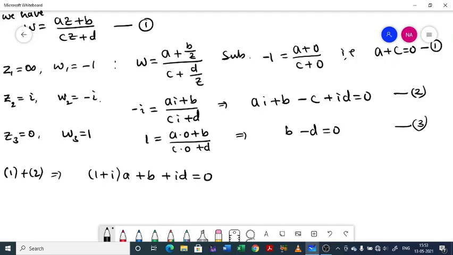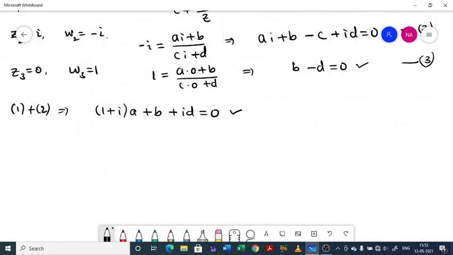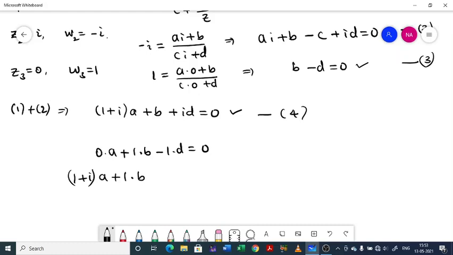So here we have an equation that involves a, b, d, and here we have an equation that involves b and d. So from these two we can use the cross multiplication rule. Call this equation 4. So from equation 3, we have 0 into a plus 1 into b minus 1 into d equal to 0, and 1 plus i into a plus 1 into b plus i into d equal to 0.